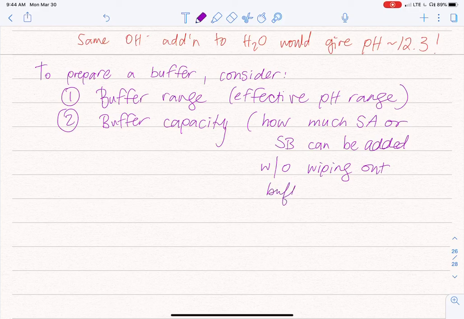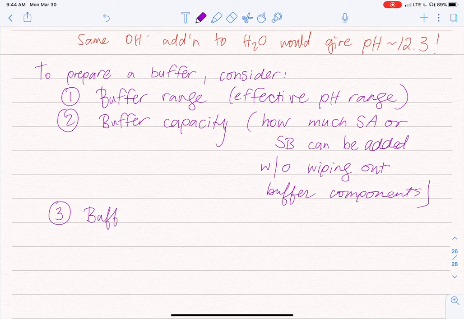That's really important because once you add so much strong acid or strong base that you are wiping out the buffer components, then you have exceeded the buffer capacity.